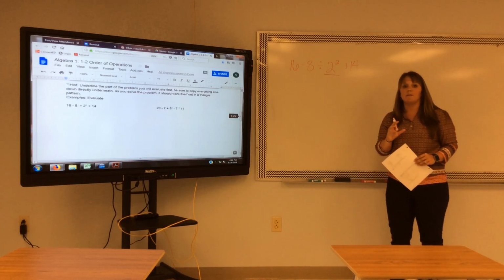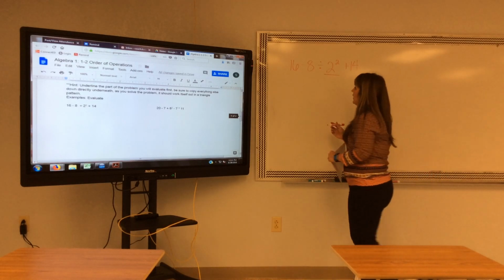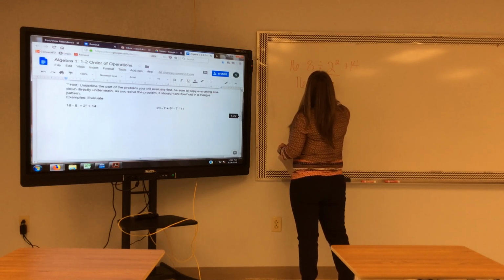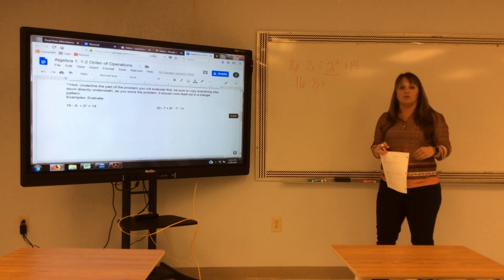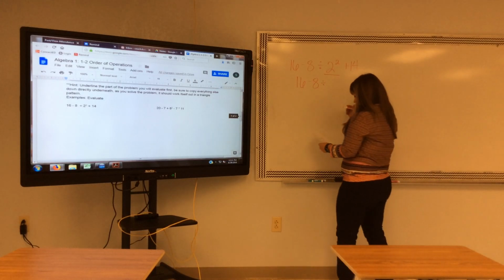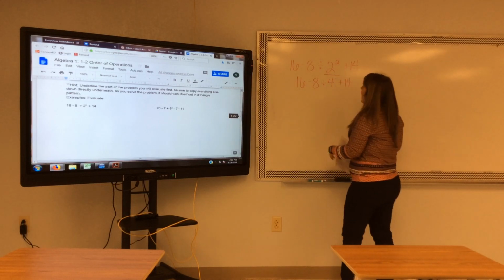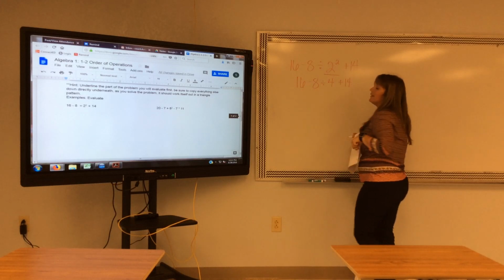That tells me that's what I'm going to solve first, and everything that is not underlined just comes straight down. So I still have my 16, I still have my minus 8, I still have my division symbol, and then I evaluate 2 squared. 2 to the 2nd power is 4, and then I still have that plus 14. Everything that was not underlined just came straight back down.